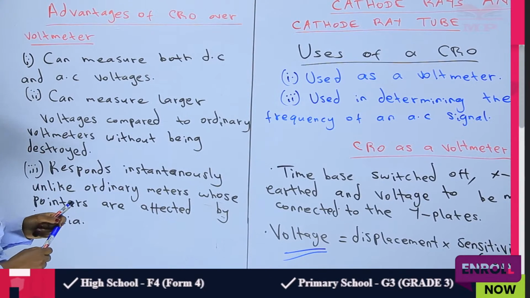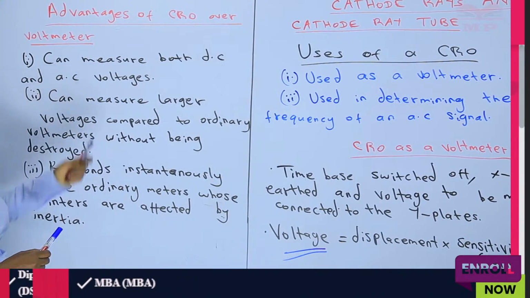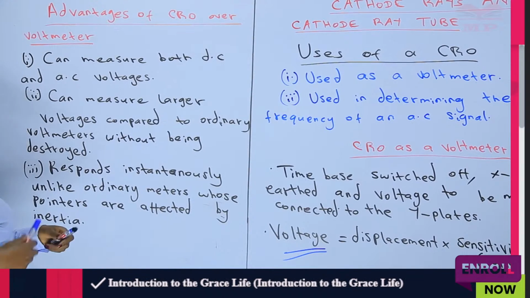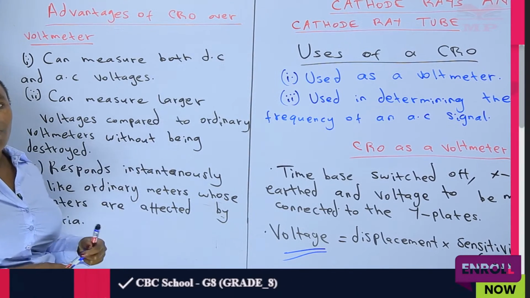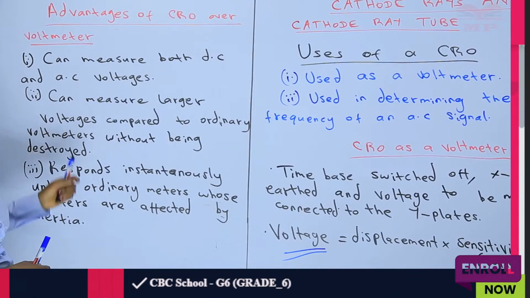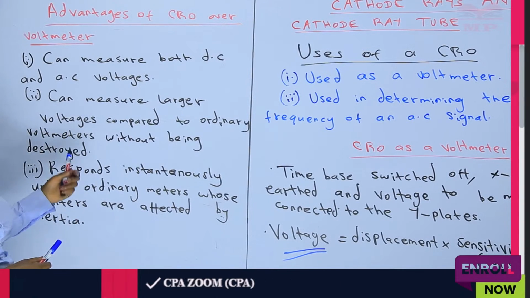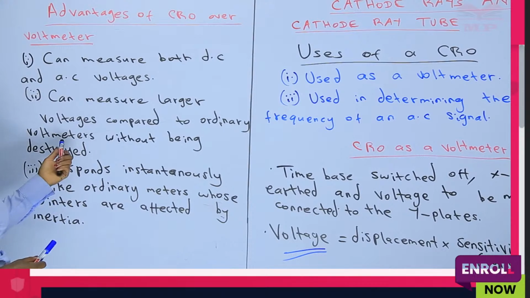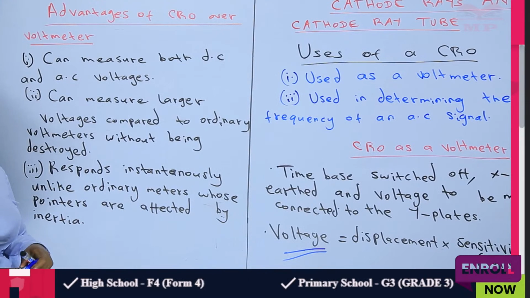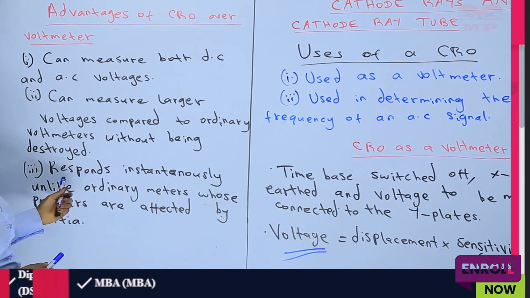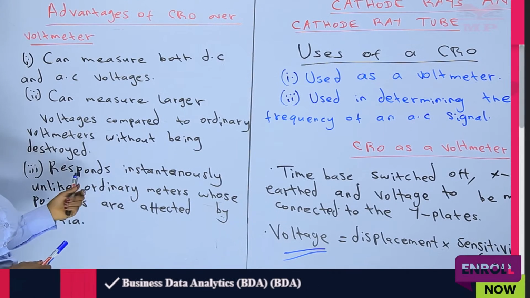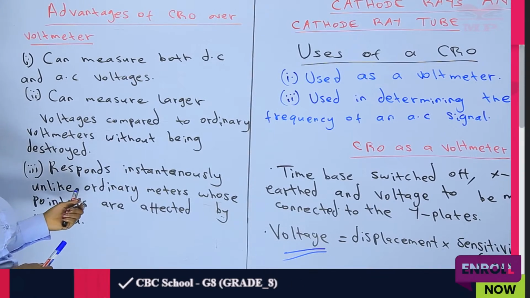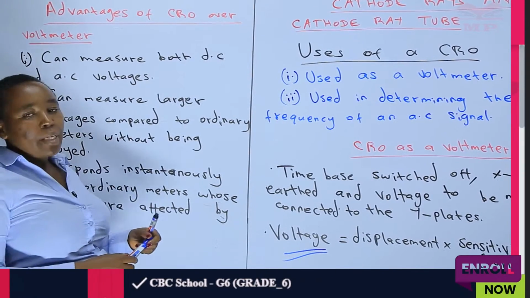It can measure both direct current and alternating current voltages, unlike the voltmeter, which only measures direct current voltage. It can measure larger voltages compared to the ordinary voltmeters without being destroyed. It is not affected by inertia, so it can respond instantaneously, unlike the other meters.